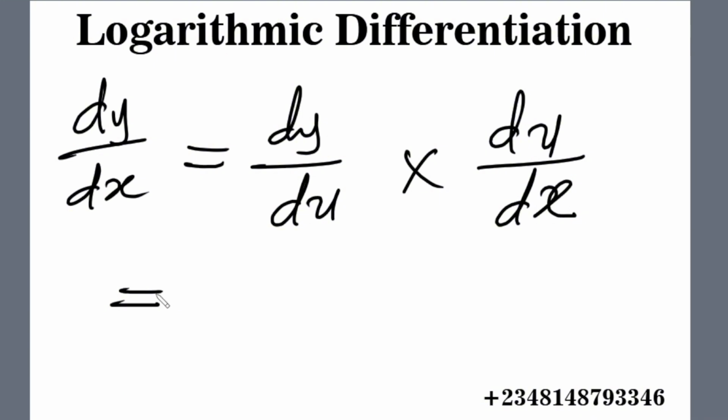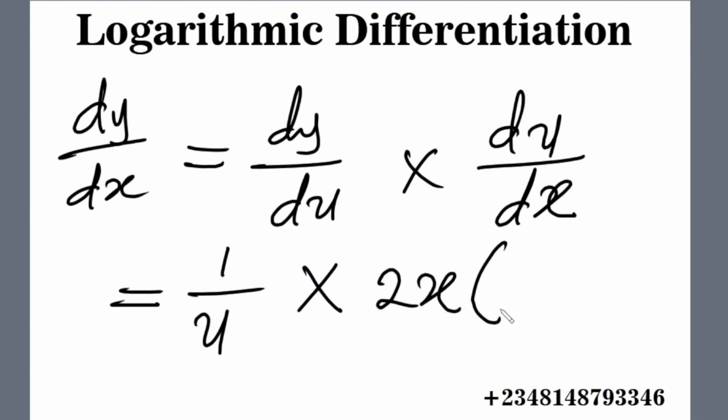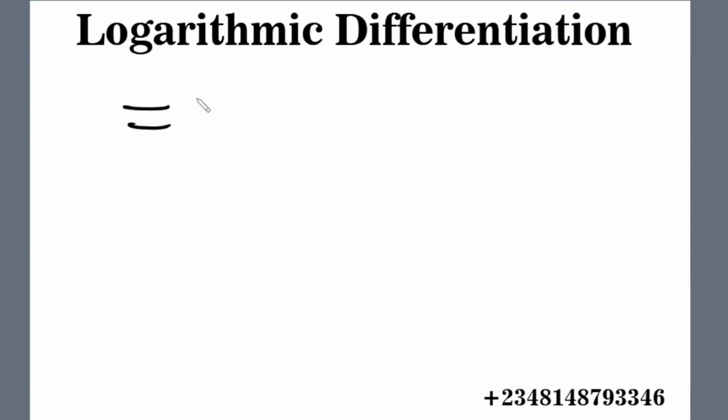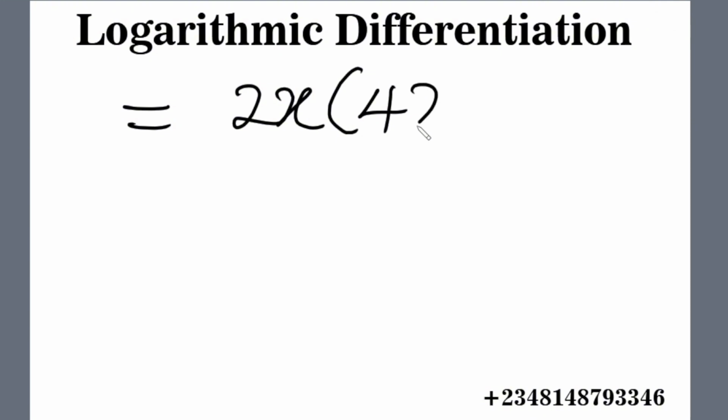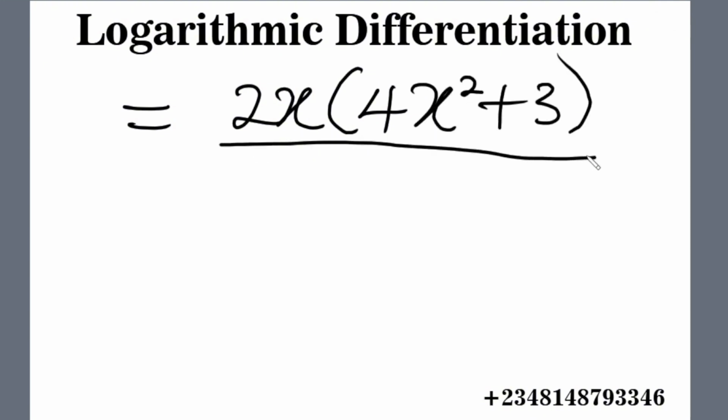Now, let's substitute the calculated parameters. We have dy all over du gave us 1 all over u multiplied by du all over dx gave us 2x open bracket 4x raised to the power 2 plus 3. So if you multiply through, you would have 2x open bracket 4x raised to the power 2 plus 3 close bracket all over u.